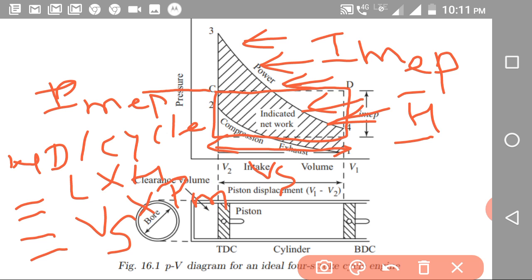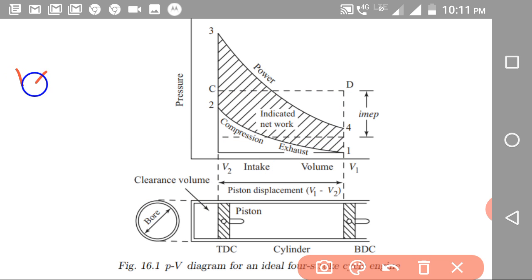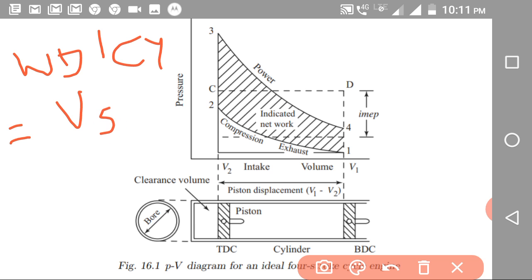So the work done per cycle is equal to Vs into the mean effective pressure.